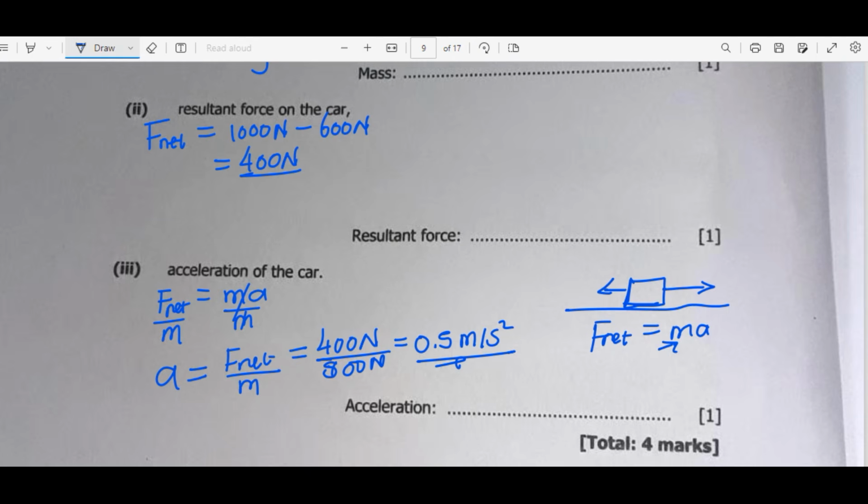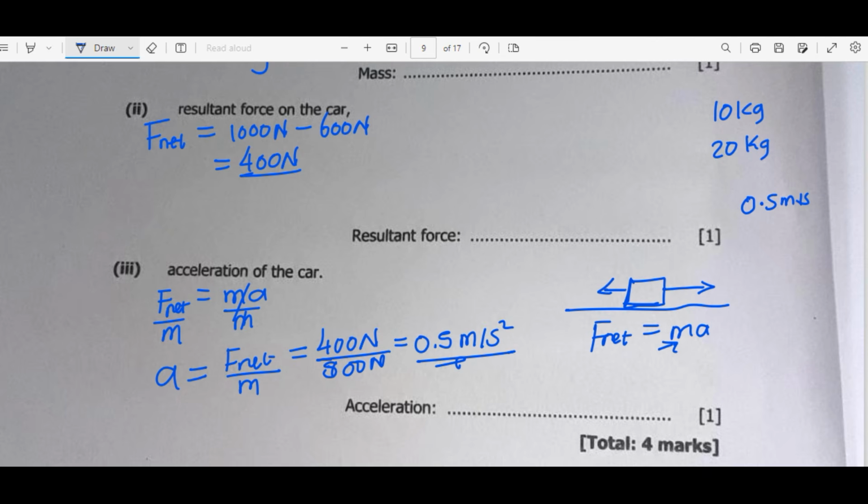So if, for example, we have an object of 10 kg, then another one of 20 kg, we want to have two objects of different mass. Now let's say we want these two objects to produce an acceleration of 0.5.